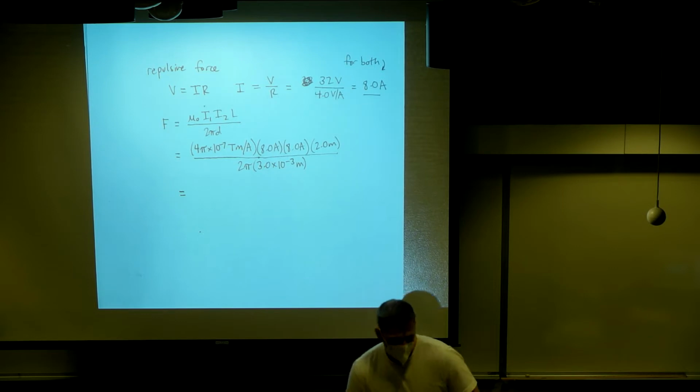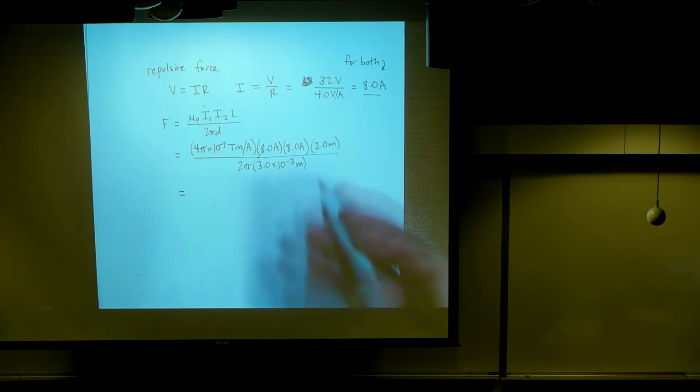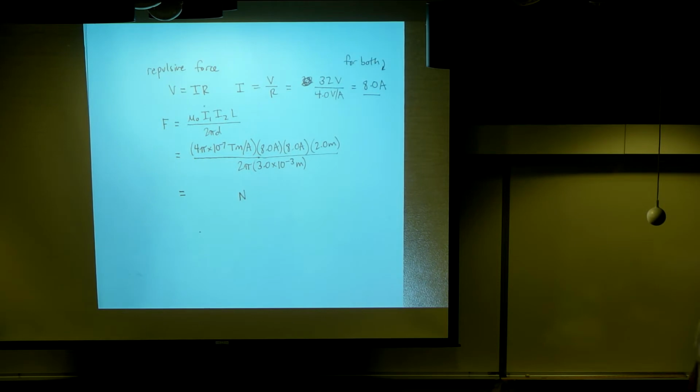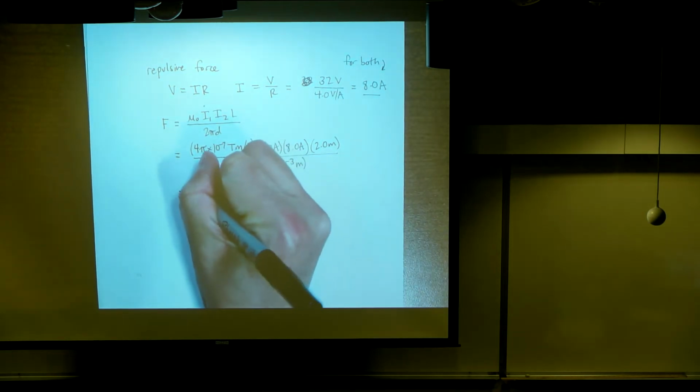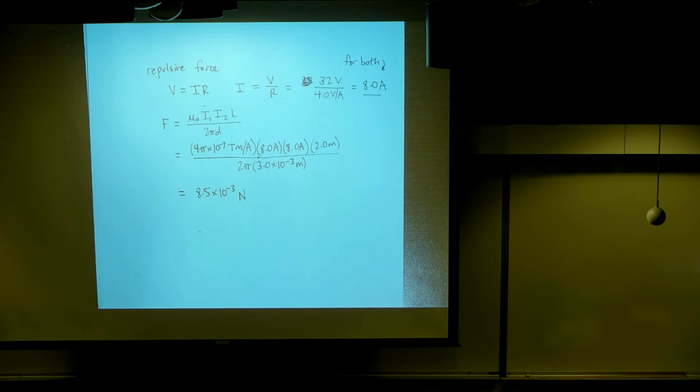What comes out should also have SI units. What's our SI unit of force? I'm expecting some number of newtons. And what is that number? Yeah, it comes out to like 8.5 times 10 to the minus 3 newtons, which is not a very significant amount of force, right? So you're not in danger of destroying the extension cord with this force, not at all.